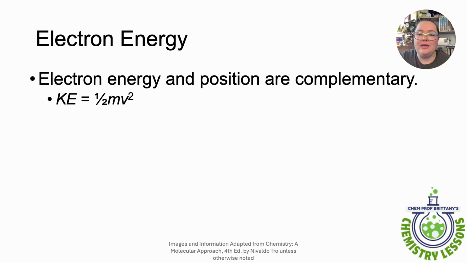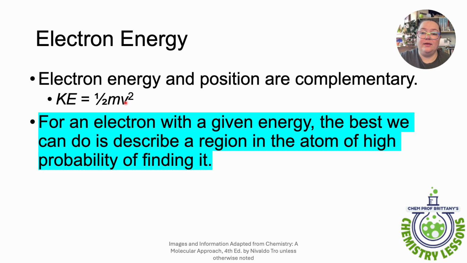All right, so when we're talking about electrons, energy and position are complementary, and we use the kinetic energy formula for this. Kinetic energy is equal to 1/2 times the mass times the velocity squared. But the thing is, for an electron with a given energy, the best we can do is describe a region in the atom of high probability of finding it.